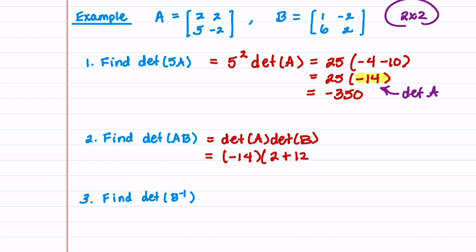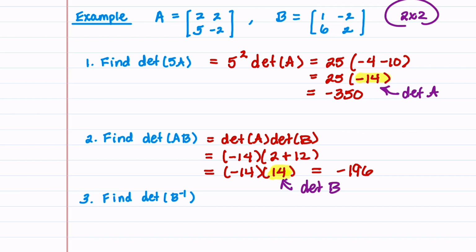So that's a plus 12. This is going to be minus 14 times 14, which gives us a minus 196. Let's highlight this. Just for our next problem, we won't have to repeat it. This is the value of determinant of B.